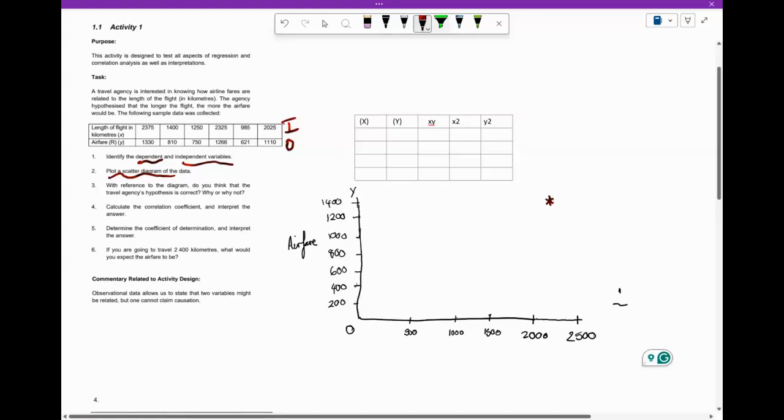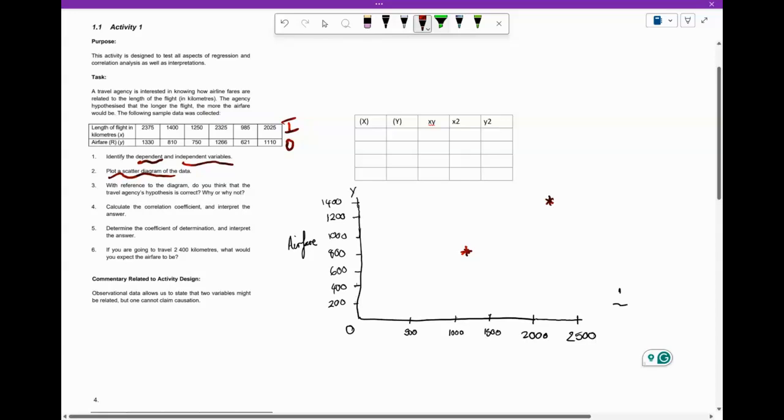Then the next one, 1400 on the x-axis, so somewhere here, and then 810 on the y-axis.